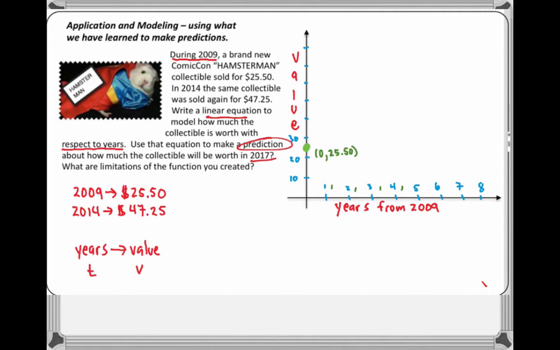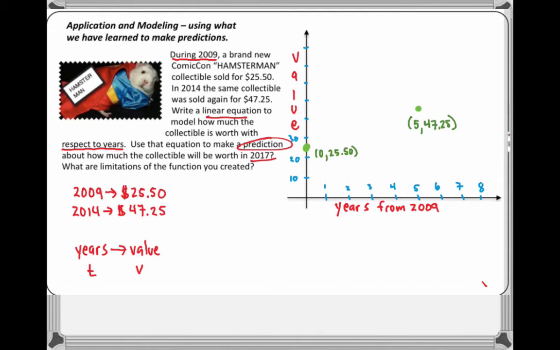So at the 5, we make another point, aiming this up here. There we go, something like that. And that is going to be 5, comma, 47.25. Okay, so now we have those two magic points where we can build a linear equation.